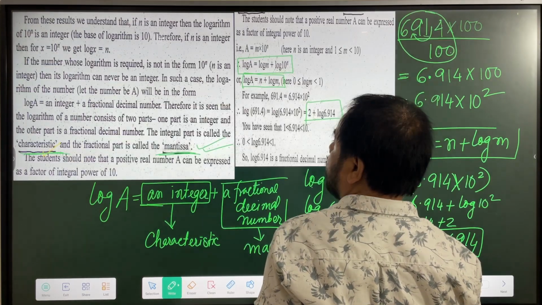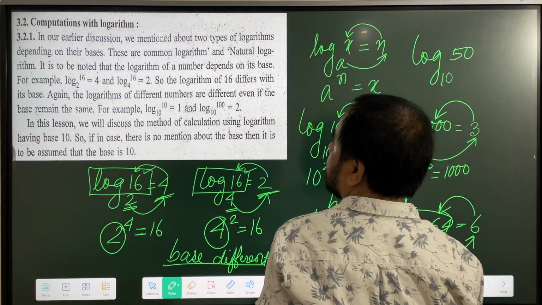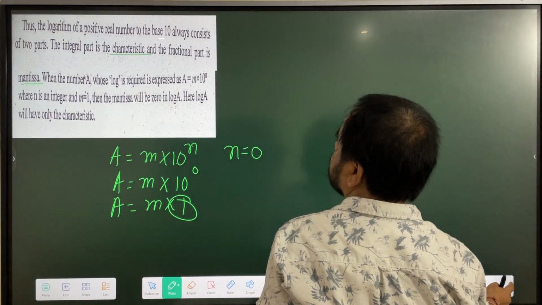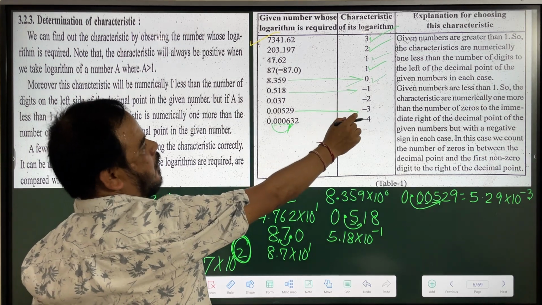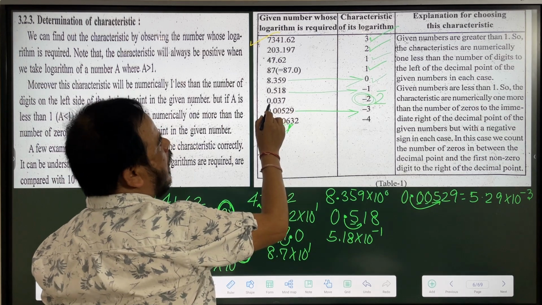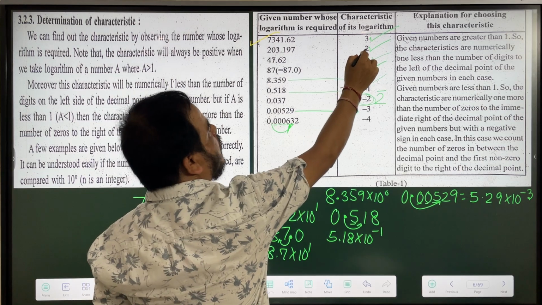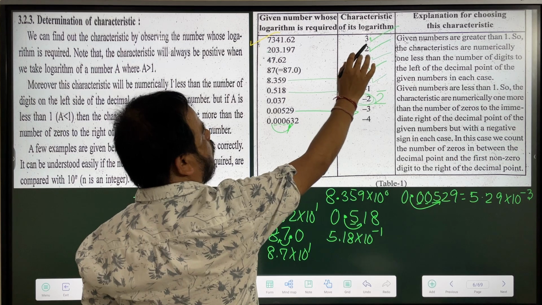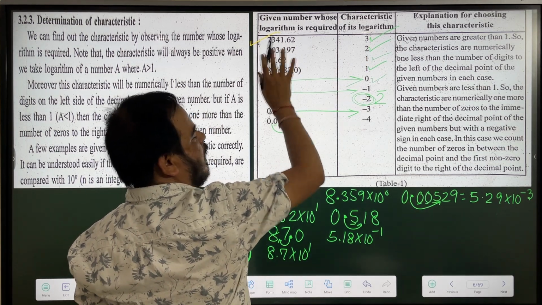I already explained characteristics. Minus 2 or 2 bar is the same thing. 2 bar means one 0 after the decimal. 3 bar means two 0s after the decimal. If the characteristic is only positive 2, then after 3 digits there will be the decimal.